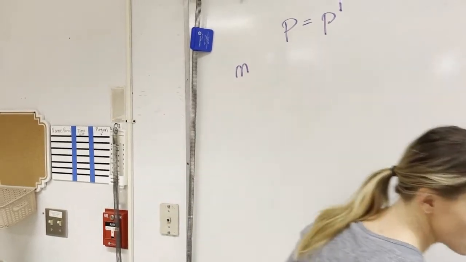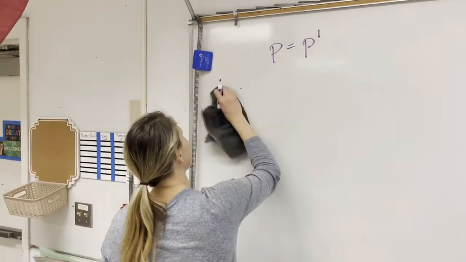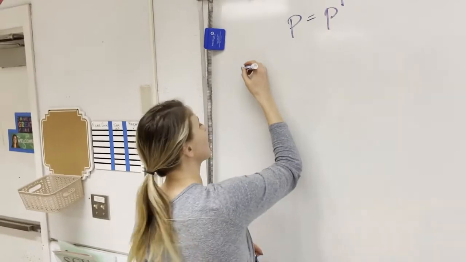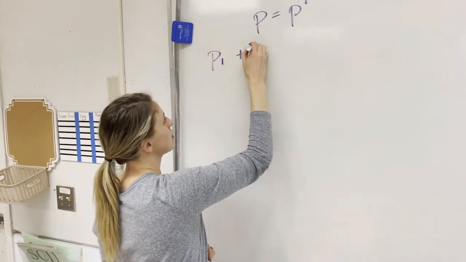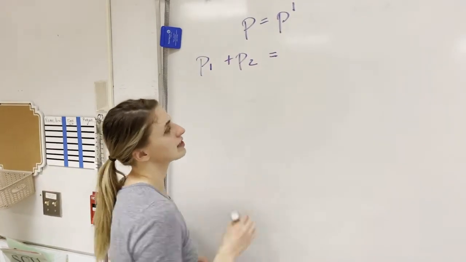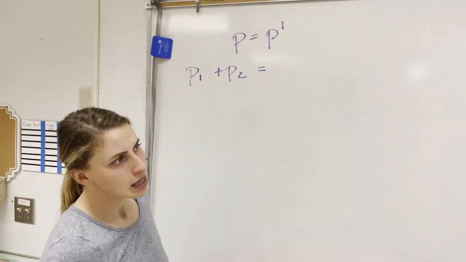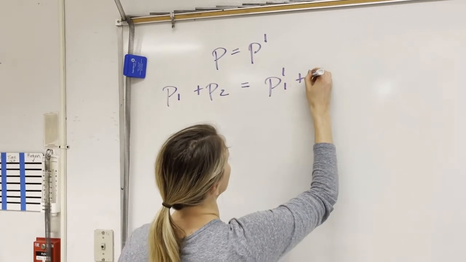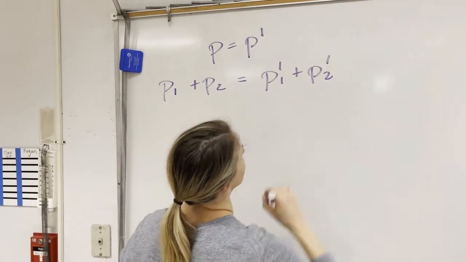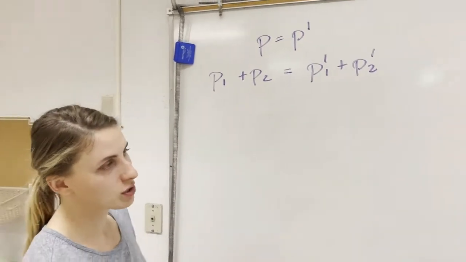You want to go to the P of the first one plus the P of the second one, which is going to equal the same thing except afterwards: the momentum of the first one after plus the momentum of the second one after. Boom.